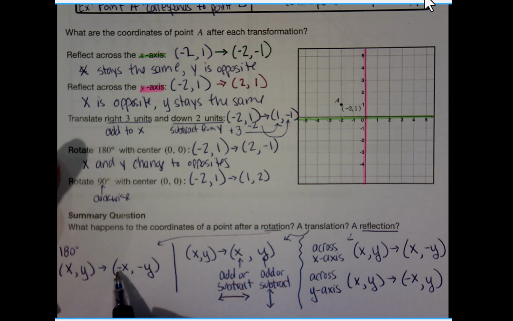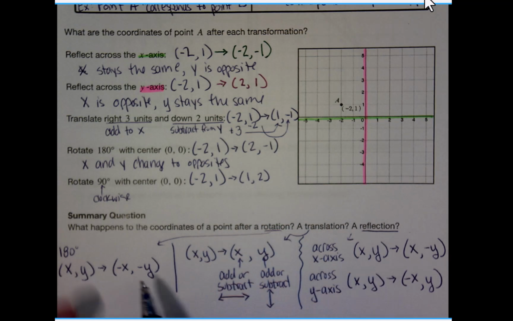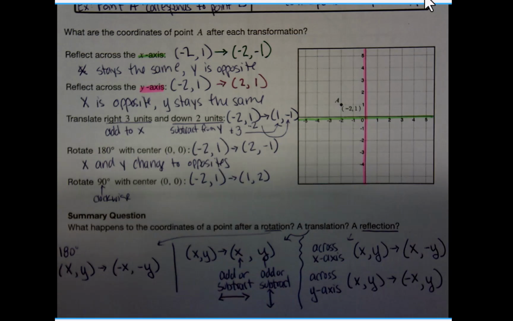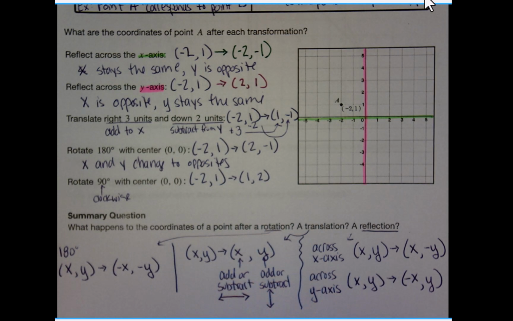Now, when I write negative x, that doesn't mean that my number will be negative. It just means it'll be opposite of what the original one was. If the original was 2, this will be -2. If the original was -4, this will be the opposite of that, or +4. So those are some patterns that will happen with different kinds of transformations on a coordinate grid.